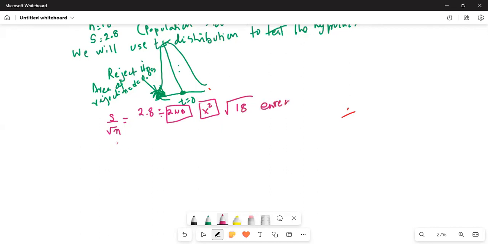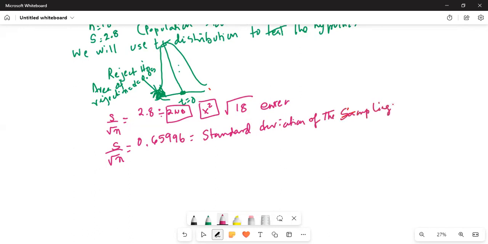So s over the square root of n is 0.65996. This is the standard deviation of the sampling distribution of X bar.